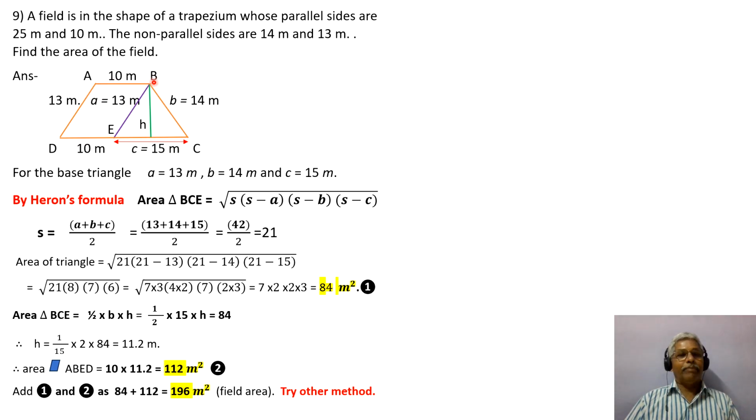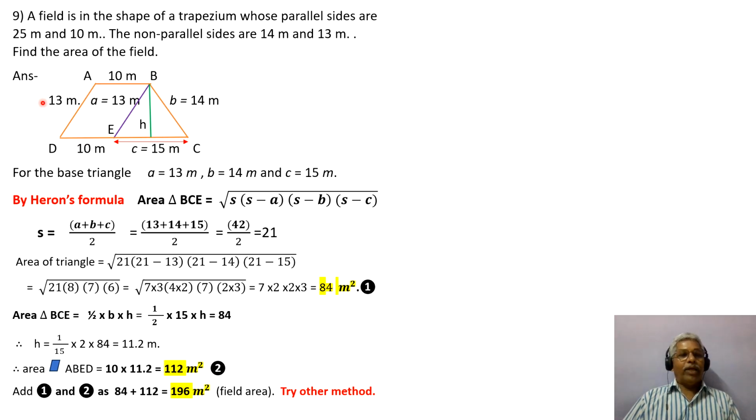Parallel sides are 10 meters and 25 meters. If this figure is not given, draw it. Always draw this. The non-parallel sides are 14 meters and 13 meters. So these are the non-parallel sides. This is 14, this is 13. Find the area of the field.